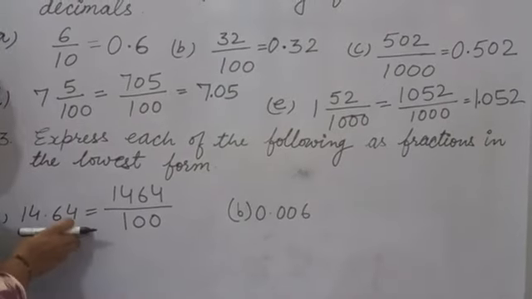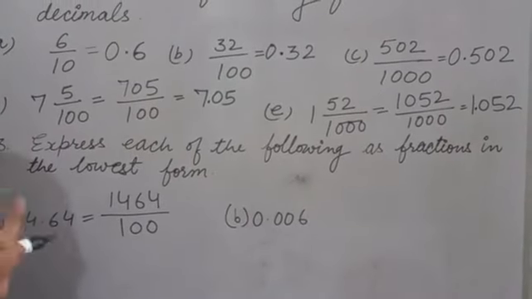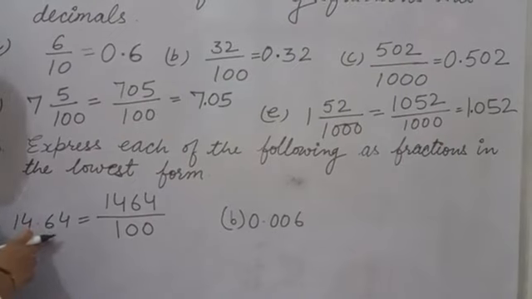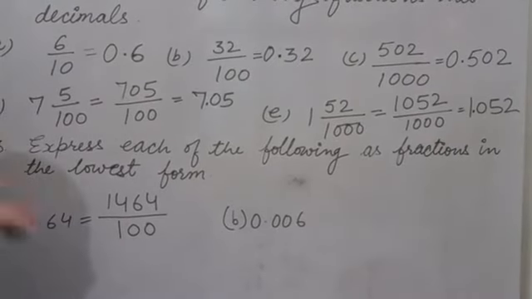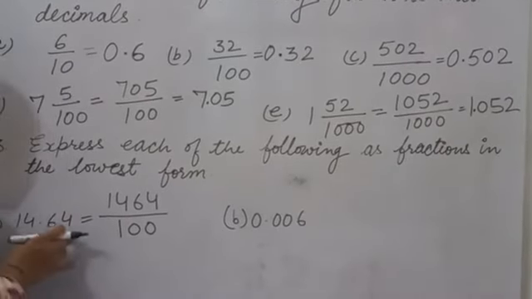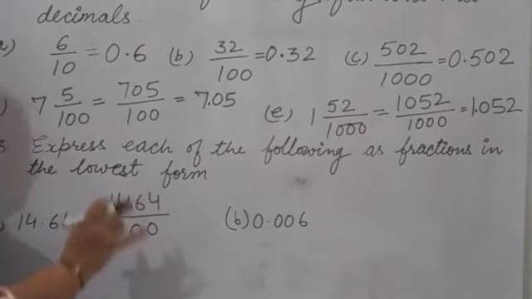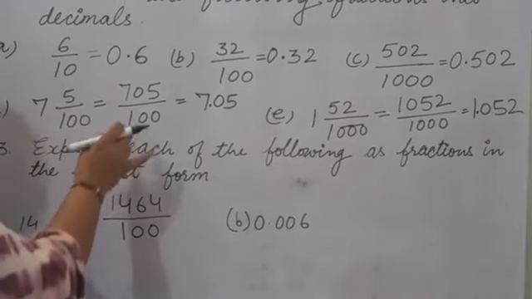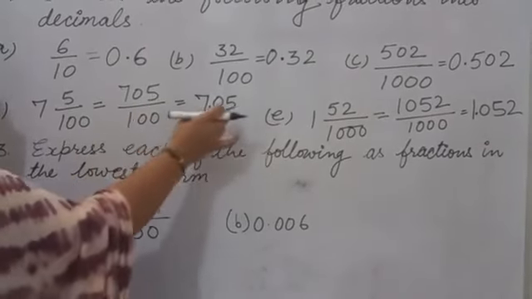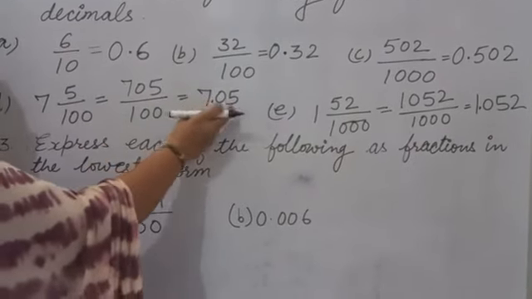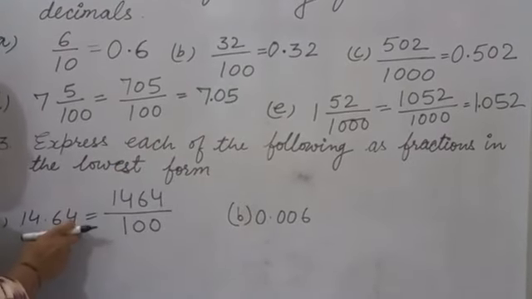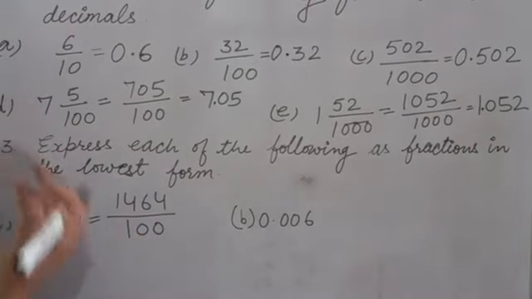If we have 3 decimal places, in the denominator we write 1000. If 1 decimal place, we write 10. Now there are 2 decimal places, so we write 100.